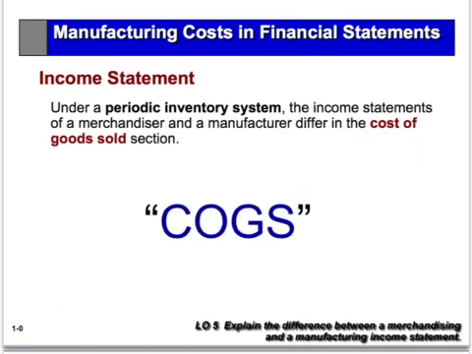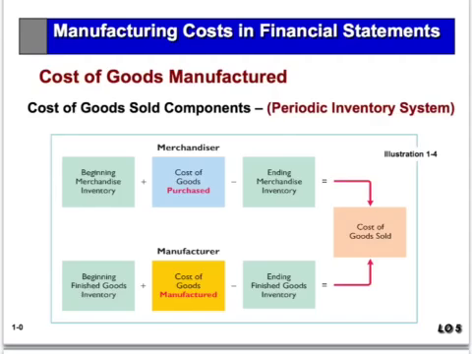Now we are under, as we say, a periodic inventory system. We know exactly how much inventory we have in raw material, in work in process, and in finished goods, and we know the value of the inventory. Now the cost of goods sold section is that part of the income statement that details exactly what were the costs of the goods sold.